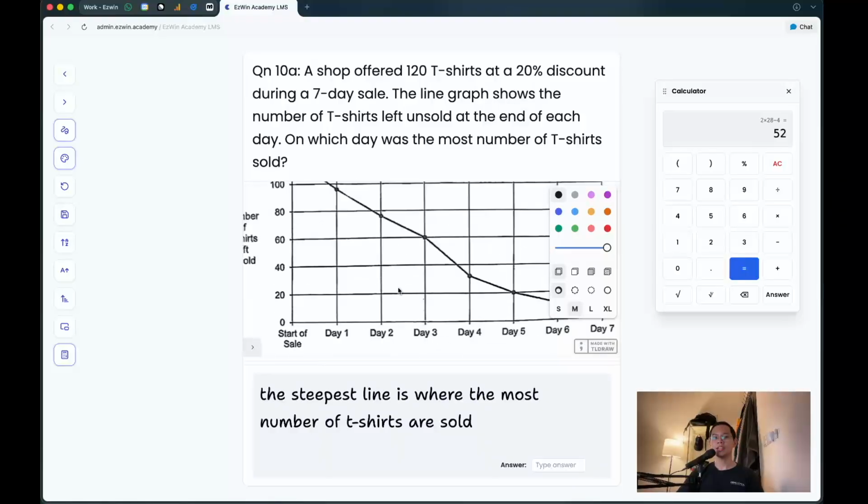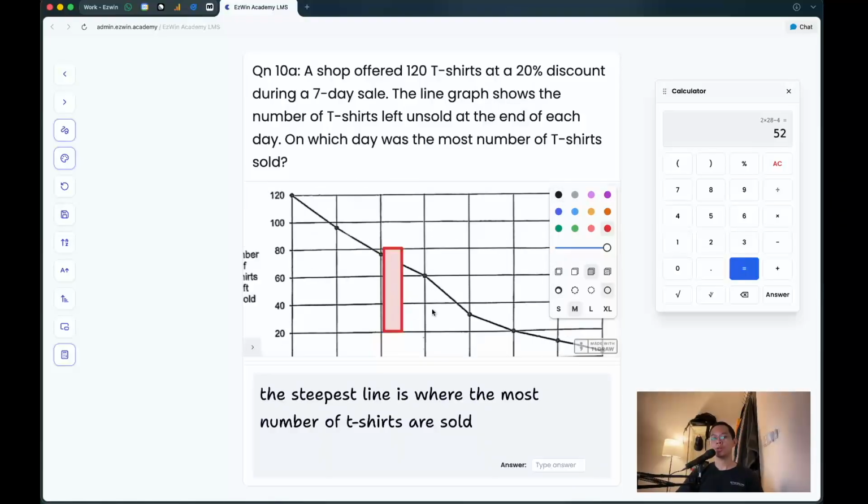So the steepest line means that, if you have a ruler like this, a gentle slope means nothing changed. For example, if I have this line and this line, and if it was 60 before, and this is 60 after, that means there is literally 0 sales.